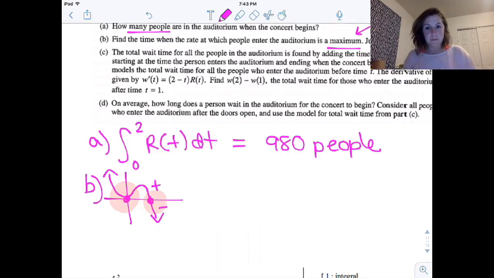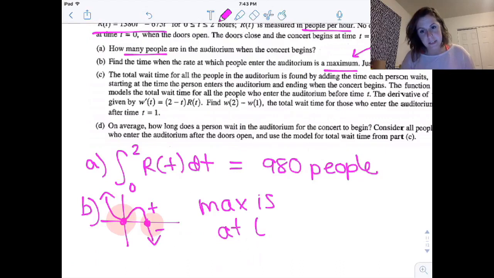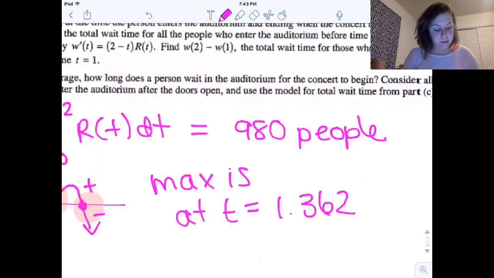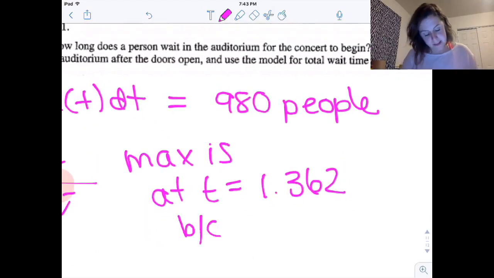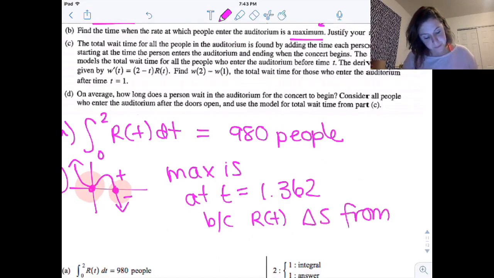And so the maximum is at t equals 1.362 or 1.363, depending on whether you round or truncate, because your rate, R of t, changes from positive to negative.